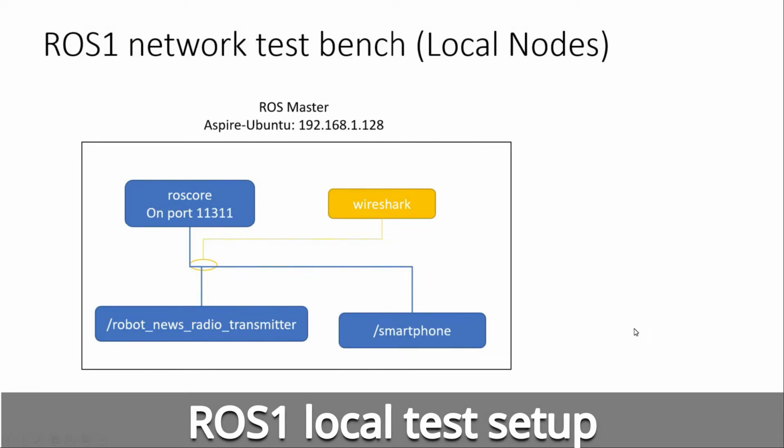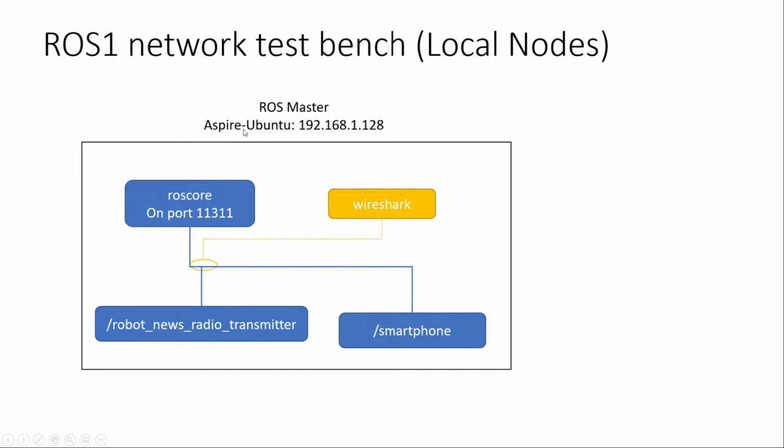So the network setup for this first test: everything's going to be running on this machine, Aspire-Ubuntu, and that's the IP address of that machine. roscore will start up. It will run on port 11311, which is normal for a ROS master.